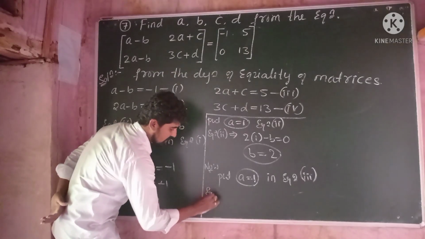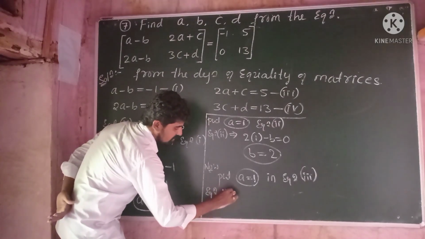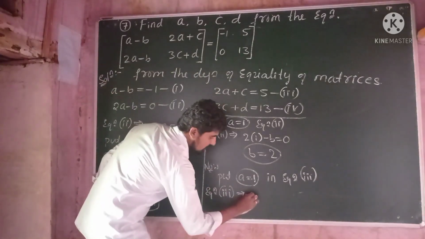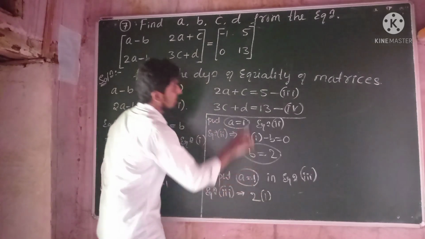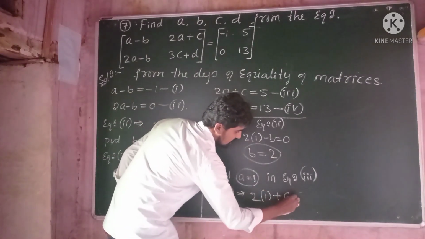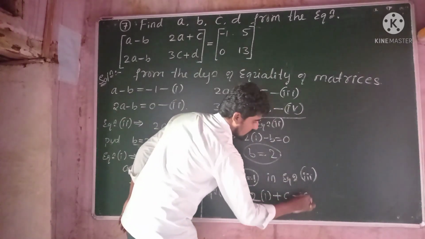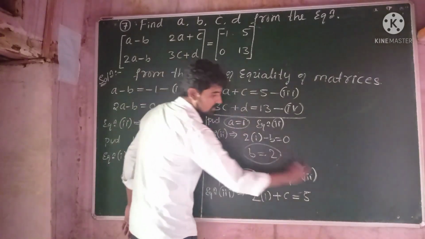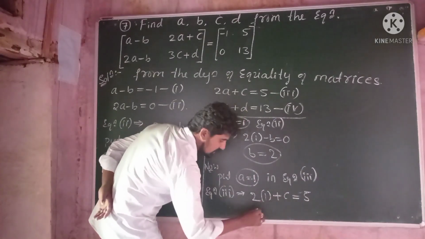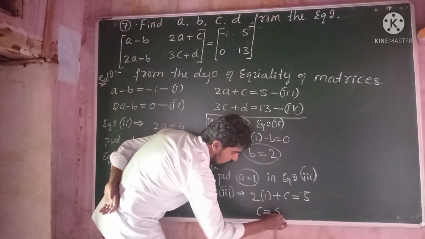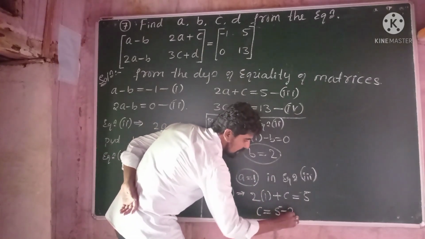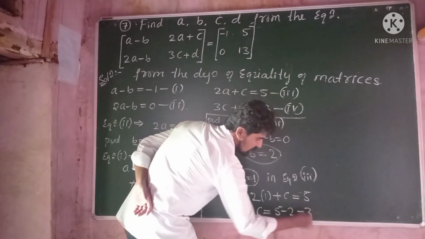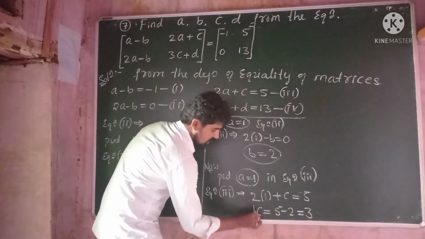So equation 3 implies 2 into A means 2 into 1 plus C is equal to 5. Therefore, 2 into 1 is 2. Shift this 2 towards the right hand side. So C is equal to 5. This plus 2 becomes minus 2, which is equal to the value of C. 5 minus 2 is equal to 3. I hope all of you are understanding.